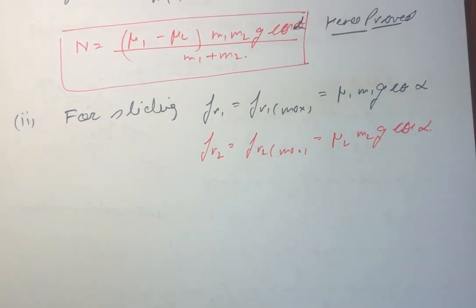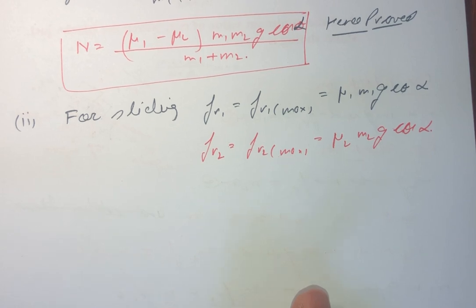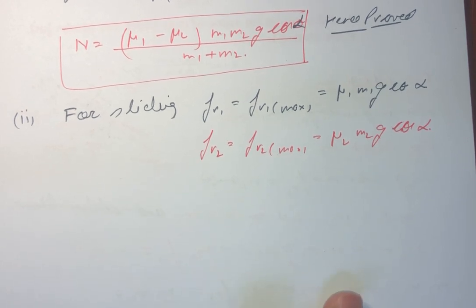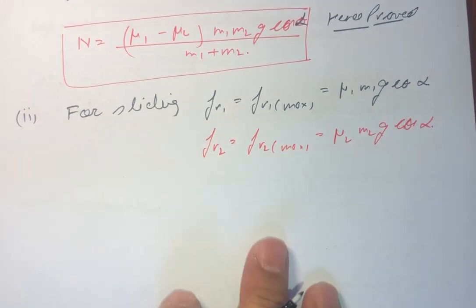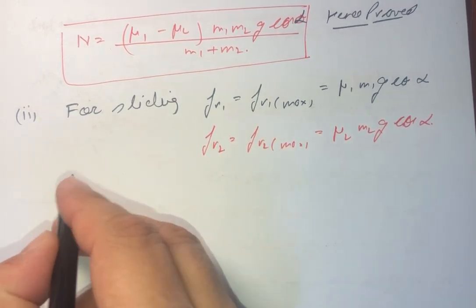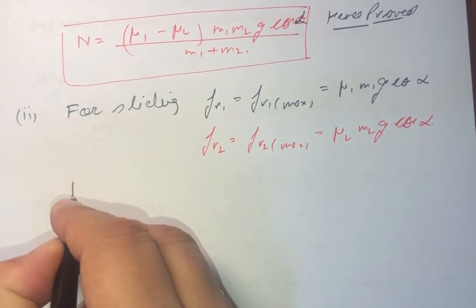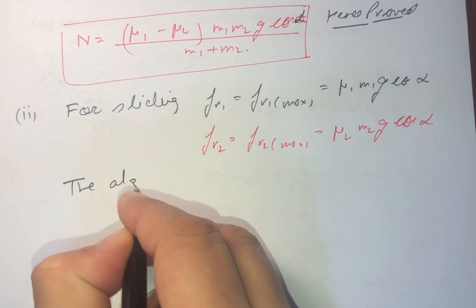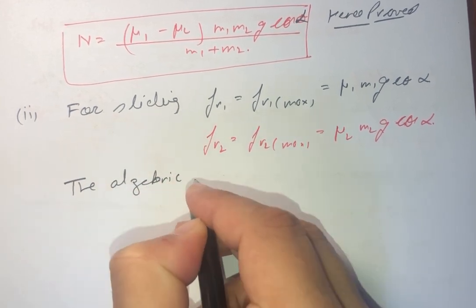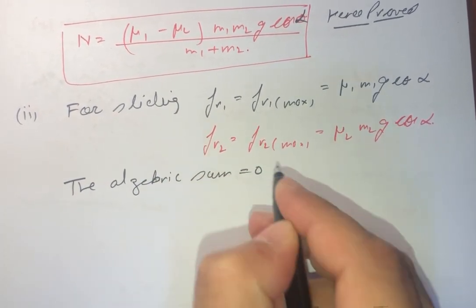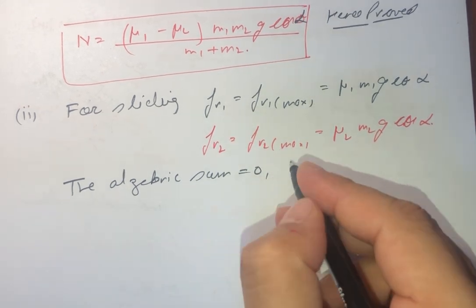And for this condition, we can say the algebraic sum is equal to 0 along the inclined plane.